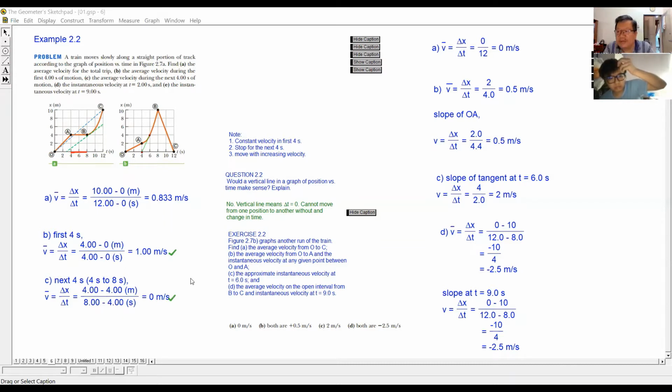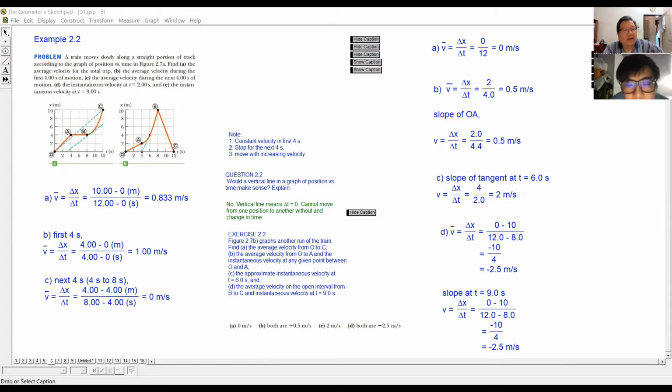Horizontal line means what? This one is a straight line with a certain slope. It means that the velocity is constant, 1. Then this one is a horizontal line. Horizontal line means the velocity is 0. Okay, right. So this is what you need to know.